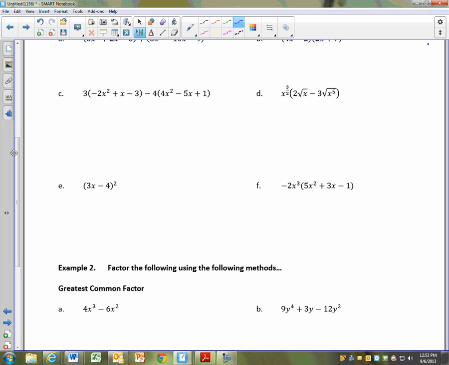I have x to the 3 halves, and let's get rid of all the radicals. Let's turn them into fractional exponents. Instead of 2 square roots of x, how could I write that? Good. I heard somebody say 2x to the 1 half. You're absolutely right. And then minus 3 square roots of x to the 5th. Oh boy.